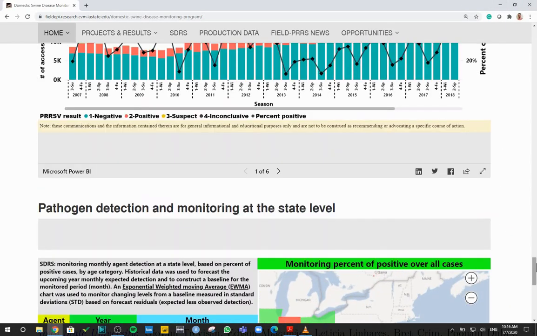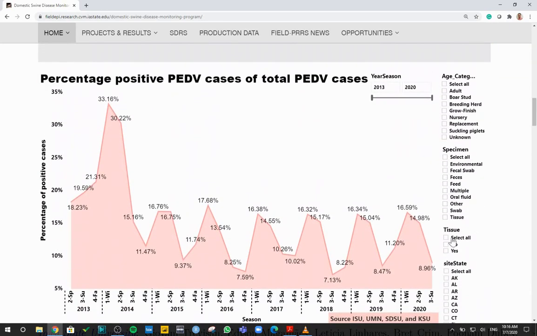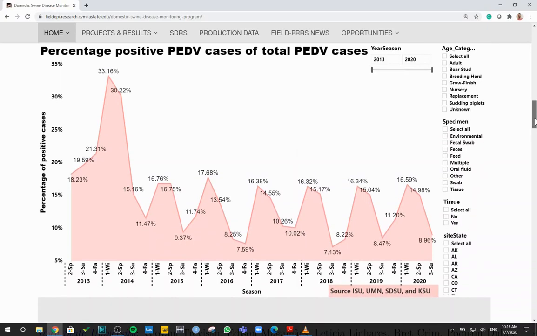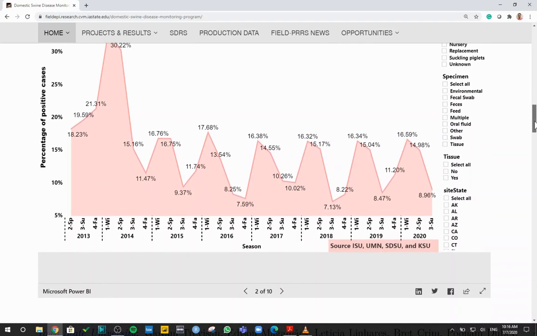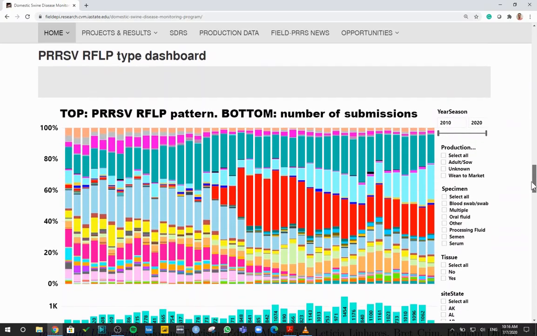This provides an aggregate database that can be used for benchmarking with the production system-specific information in terms of agent and disease diagnosis. We have now constructed the ability to scan this database by different algorithms and inform.